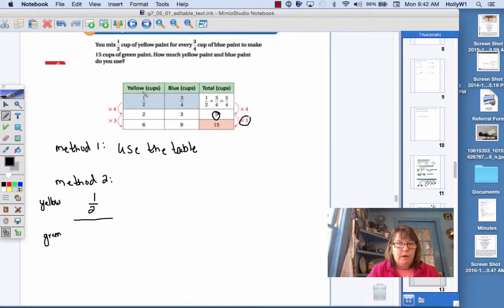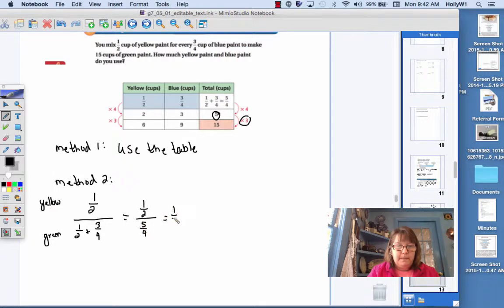So I start off with 1/2 cup, and I know that my total cups is 1/2 cup plus 3/4 cup. So 1/2 of the yellow plus 3/4 cup of the blue, and I got that from the original problem. So this gives me 1/2 divided by, if I make that into 2/4, I end up with 5/4.